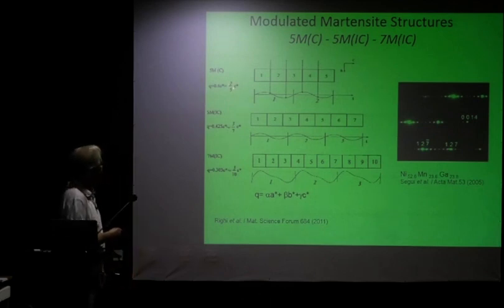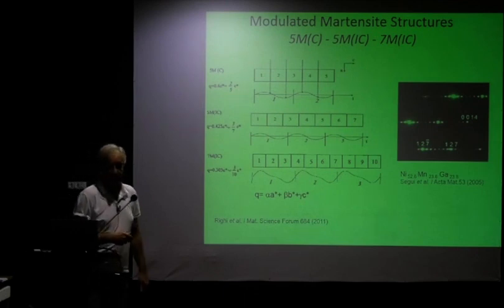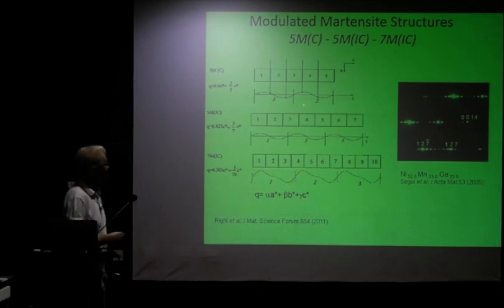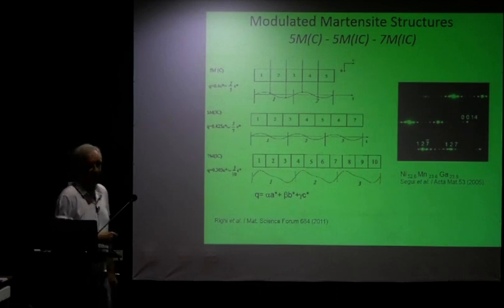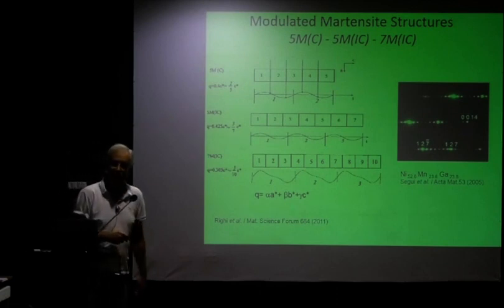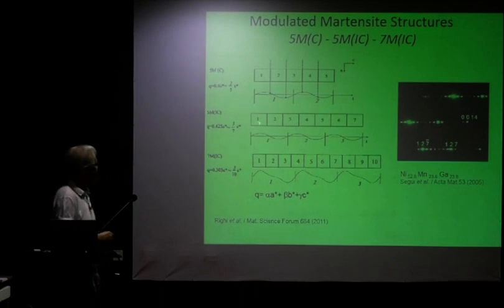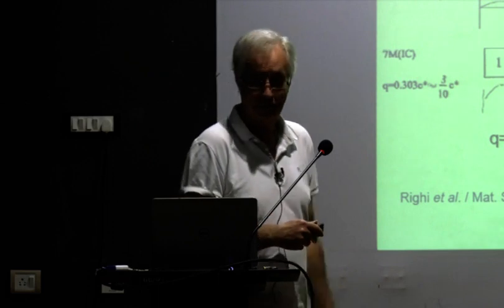So that gives you a modulation of 2/5. Okay? Now, you can have a 5M incommensurate case, and how do you represent this? This would be your 5 cells, but it turns out that the modulation vector doesn't end here, but it ends here. So you're already in trouble.